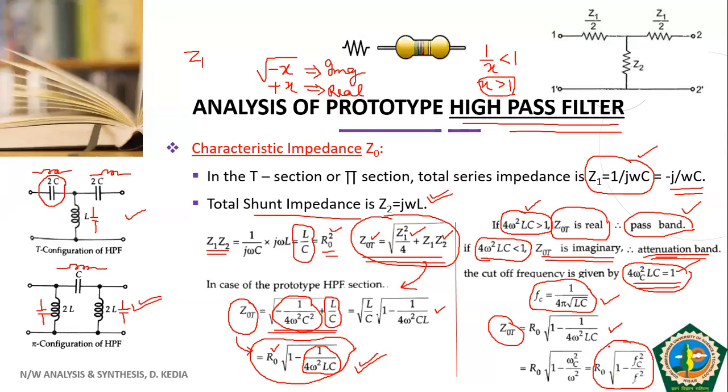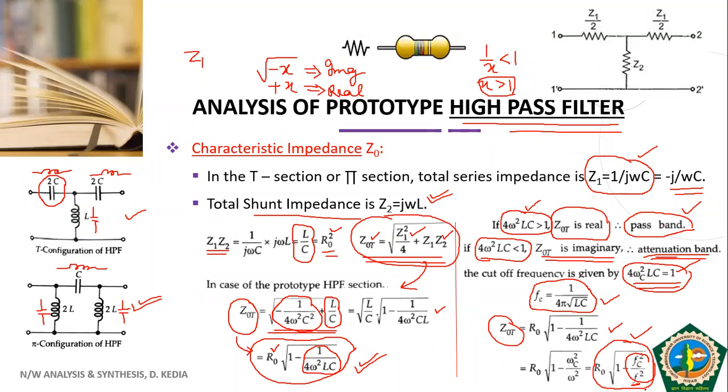So here also you can apply this concept of real and imaginary, and you can prove mathematically that this filter is a high pass filter. How? See, for F greater than FC, if F is in the denominator, then this value will be less than 1. If it is less than 1, Z naught will be real. And if Z naught is real, it means pass band.